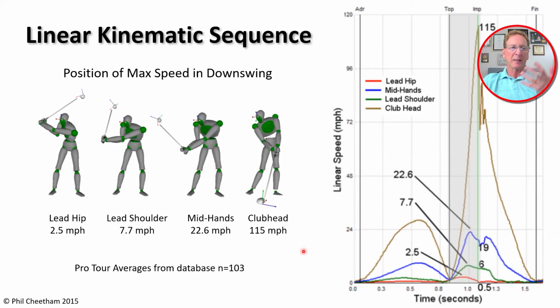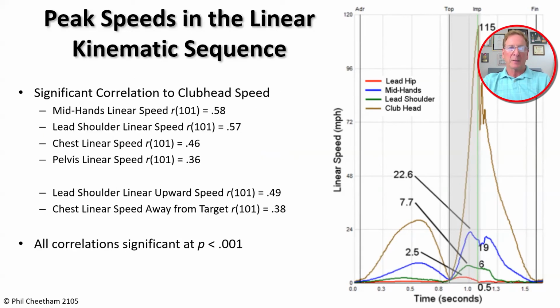And so that's a great look at the linear kinematic sequence, and it happens in a similar manner to the angular kinematic sequence, but now we're looking at points in the body. So let's have a look at how they correlated to peak speeds in the downswing, peak linear speeds in the linear kinematic sequence.